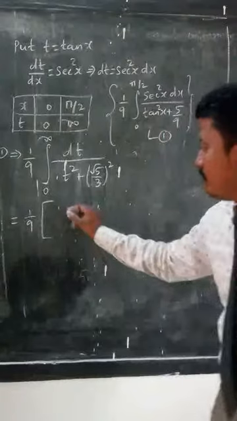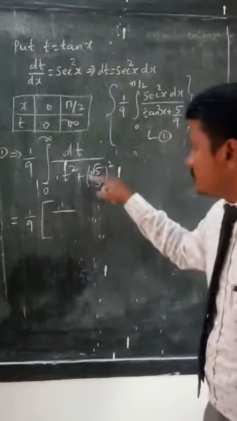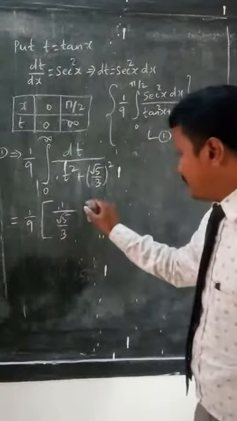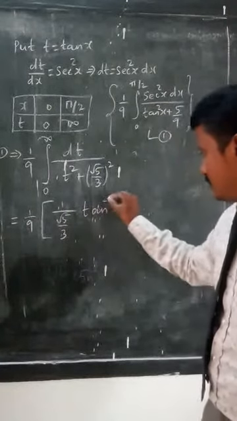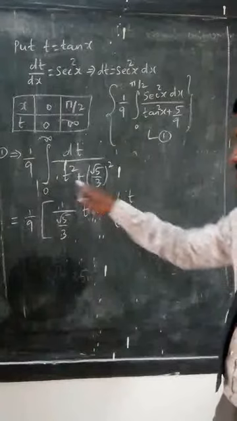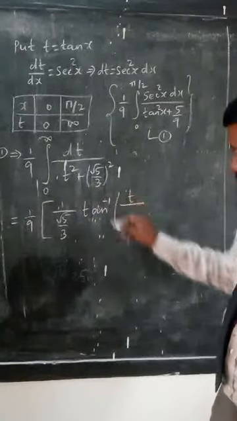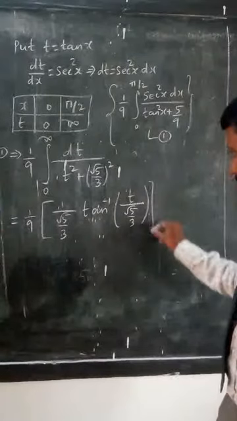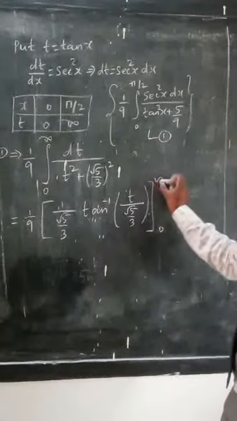Here I am going to apply the formula 1 by a. What is a? Root 5 by 3, tan inverse x by a. Here x is t, a is root 5 by 3, and the limit is from 0 to infinity.